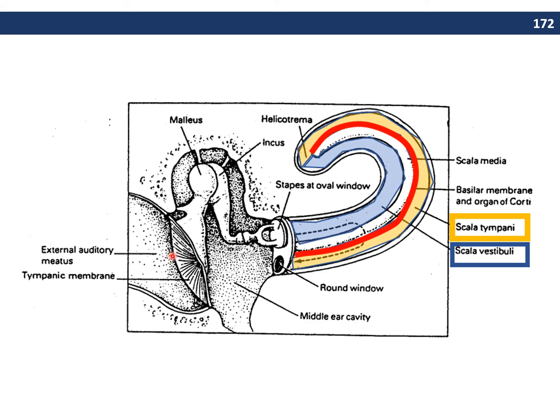So let's just orient ourselves a little bit with the structures here, where we have the stapes from the middle ear sitting at the oval window. And the oval window has another membrane in it.